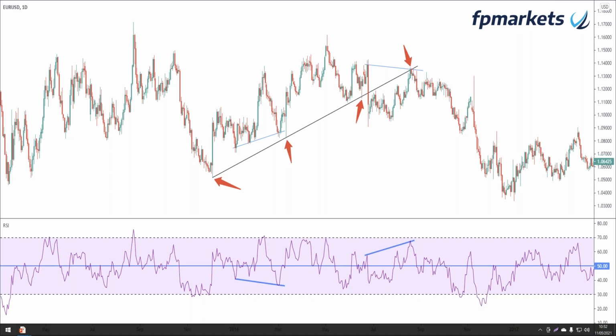That's why I tend to ignore the RSI overbought and oversold signals, because even though price exits the overbought range, in a trending market this could be a false signal.